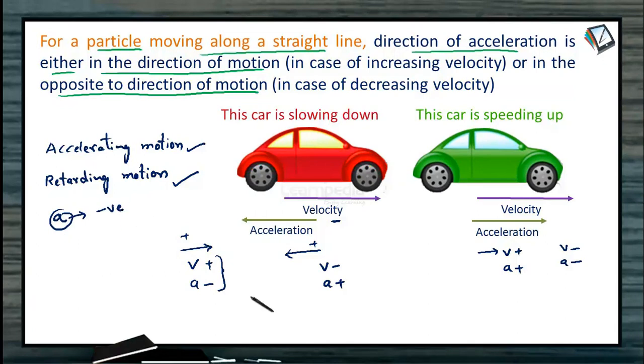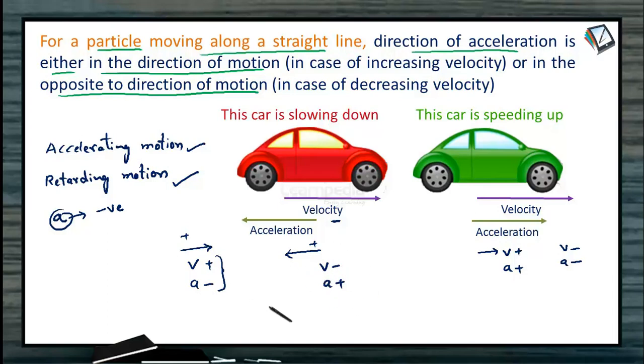Retarding merely means velocity and acceleration are opposite, right? So if velocity is taken to be positive, then A will be negative, and if the direction of velocity is negative, in that case, A will be positive for the retarding motion. So just by knowing the sign, plus or minus, of acceleration, we cannot say that it is a case of acceleration or retardation. It is always in conjunction with the sign of the velocity.